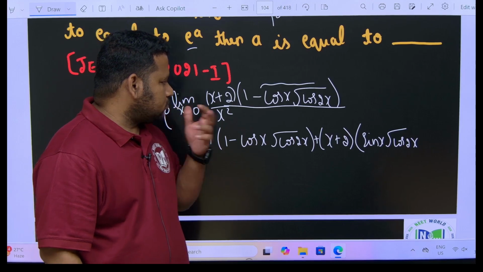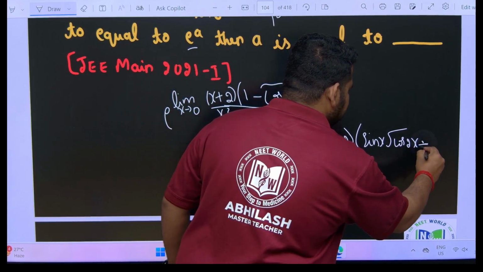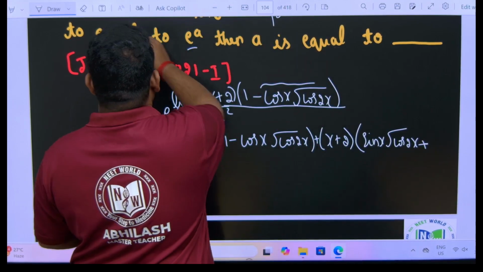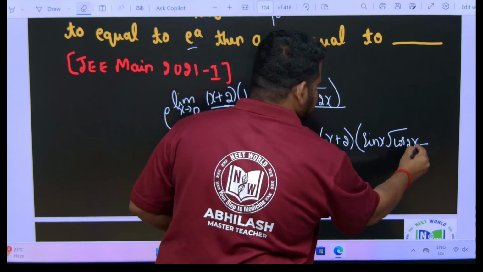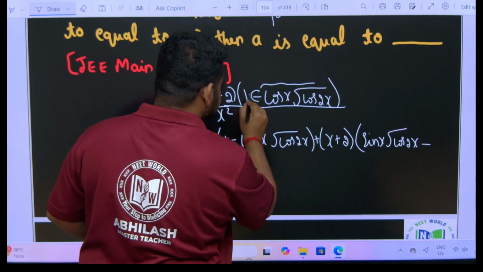Okay, again, this will be plus, actually this should be plus, but there is a minus sign, no? So let me write the minus sign. Plus into minus is minus, because outside there is a minus sign.